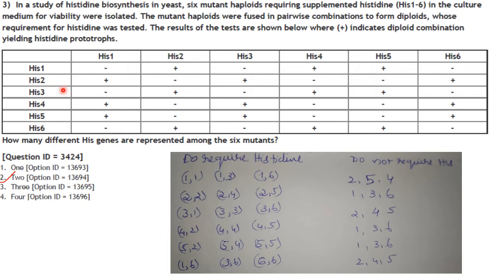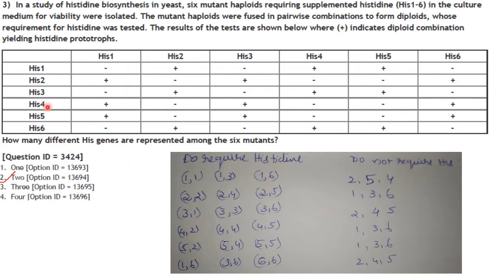Then when 2 is combined with 1, 3 or 6, the deficiency of histidine 2 is overridden. So even if histidine 2 is not added to the medium, the cell will grow if the 1, 3 and 6 genes are present.